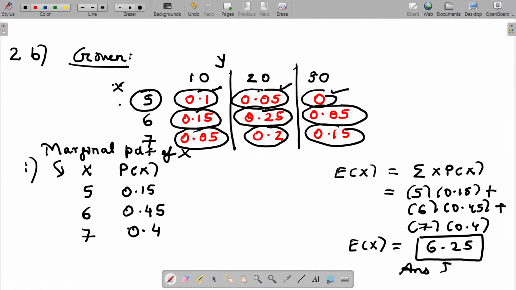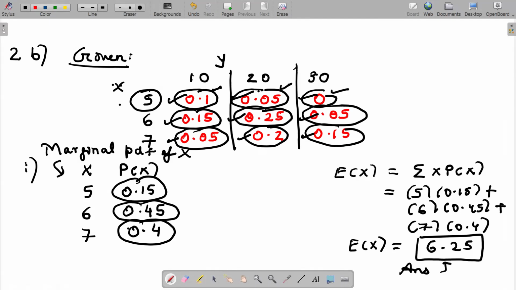So you add them up. Similarly, when x takes the value 6, the probability is 0.15 plus 0.25 plus 0.05, which is 0.45. And probability of x taking the value 7 is 0.05 plus 0.2 plus 0.15. This is how we work out the expected value.